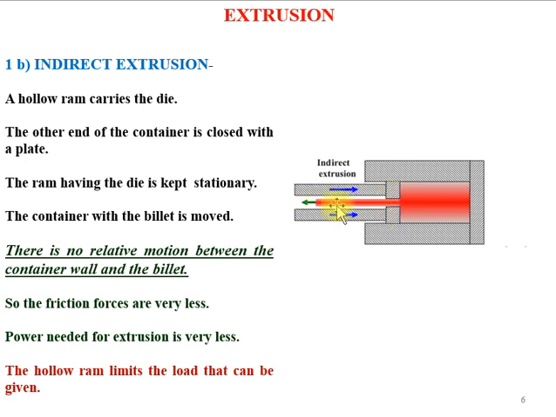So you apply a compressive force onto this material, and the material will flow in the direction opposite to the direction of application of force. If you look here, we are applying the force from left to right, and the material is getting extruded in the opposite direction.